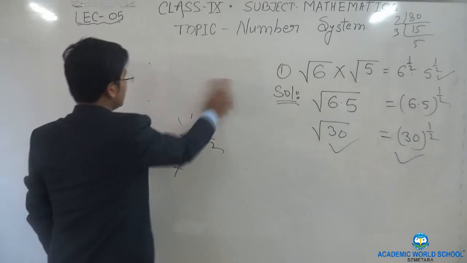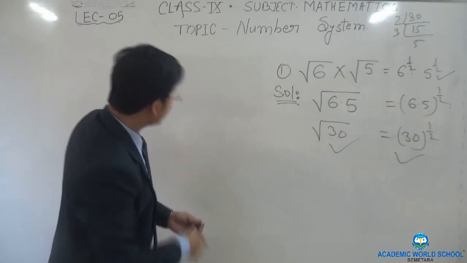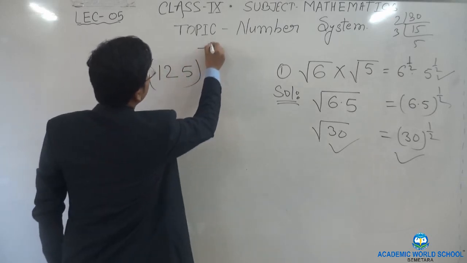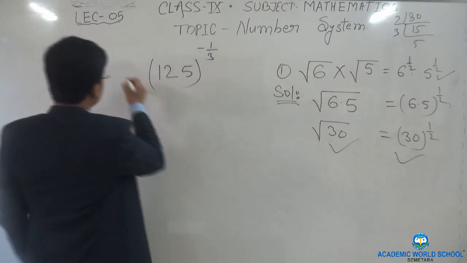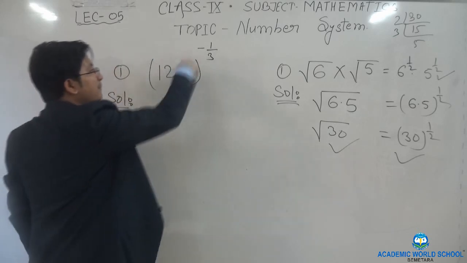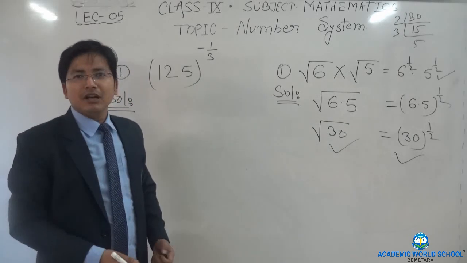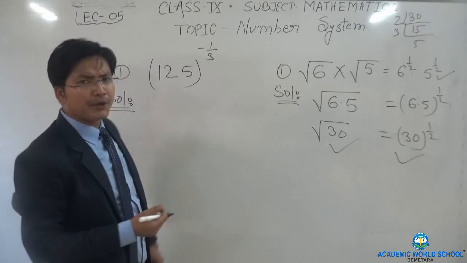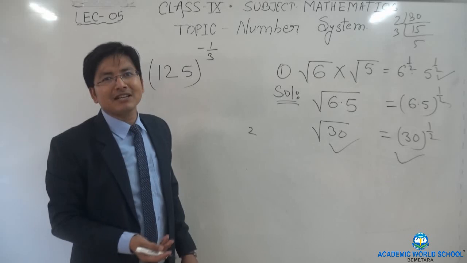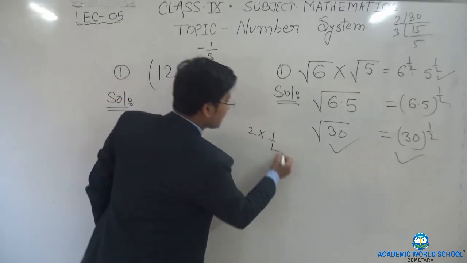Now, if I write 125 to the power minus 1 upon 3, please listen to what I have told you. If there is a negative power, what do I have to do? Take the reciprocal. The reciprocal of 2 means ulta of 2, which is 1 upon 2.